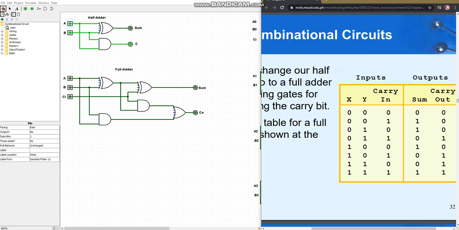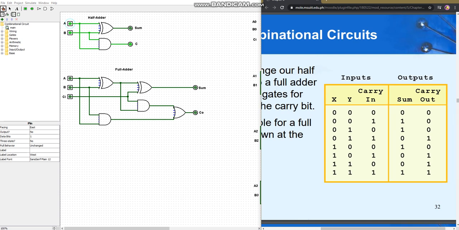So to test, this is the truth table for the full adder. If the inputs are odd, it yields a sum but no carry. So as you can see, for data representation, if I put 3, there's a sum.